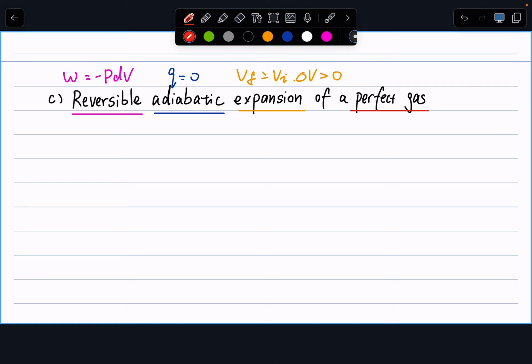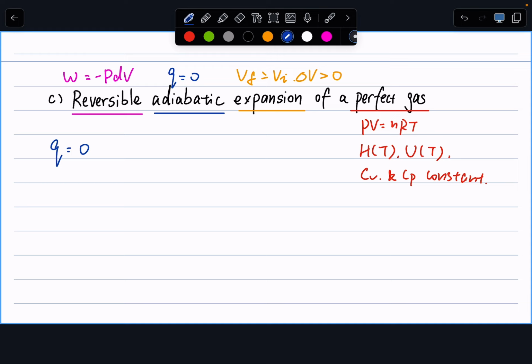Of a perfect gas. Right, so for a perfect gas, we have PV equals nRT, H is a function of T, U is a function of T, and my C_V and C_P are constant. So again, what we're looking for is, well, Q equals 0. We can just write it out. The heat is 0.